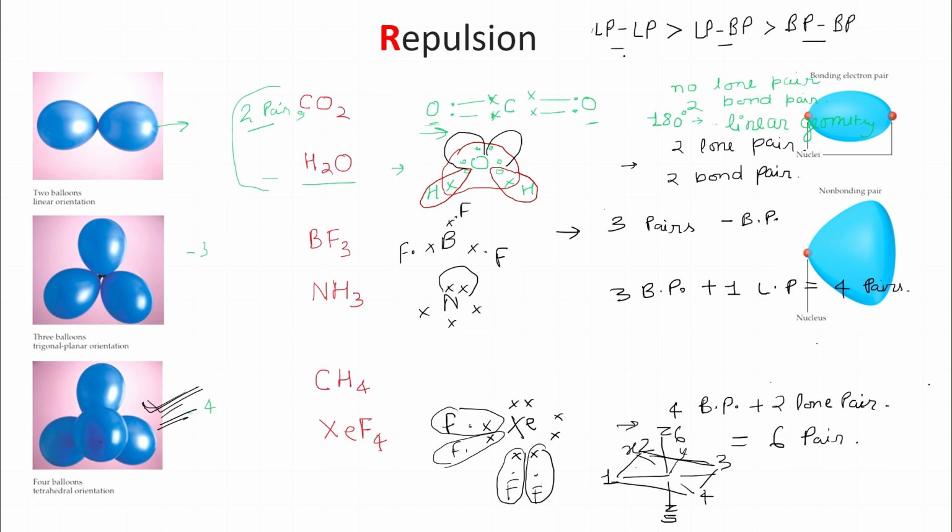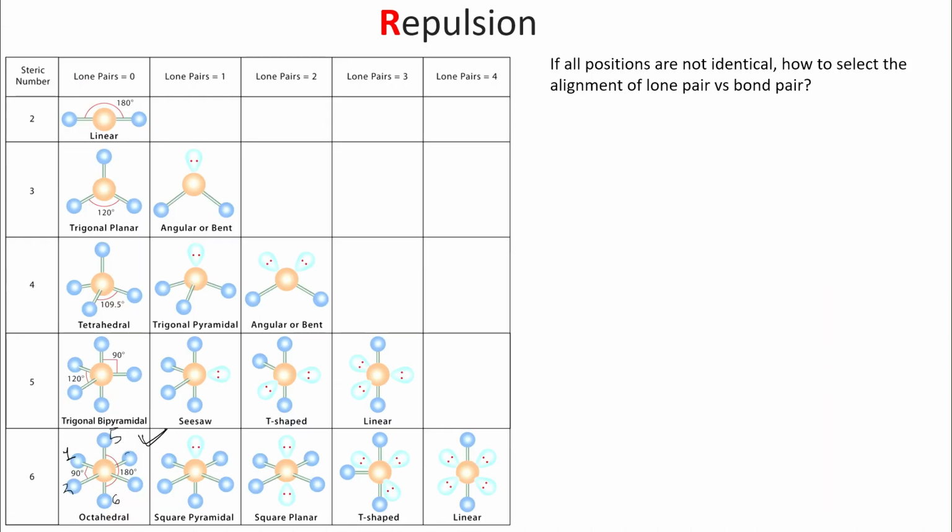So this is the order. If there are two lone pairs, you have to put them in the locations where they have the maximum separation. Like in the octahedral geometry, we are looking at the 180-degree separation here.